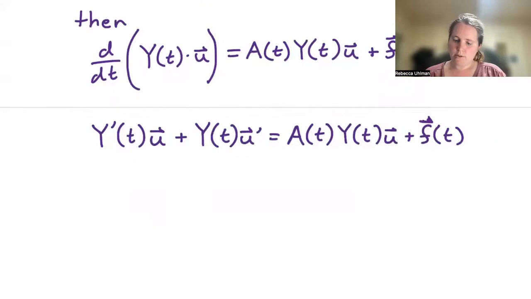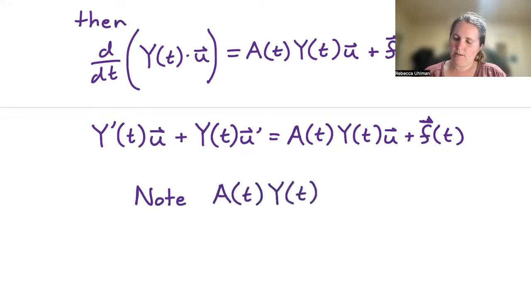Now note, A of t times Y of t is just capital Y prime of t.